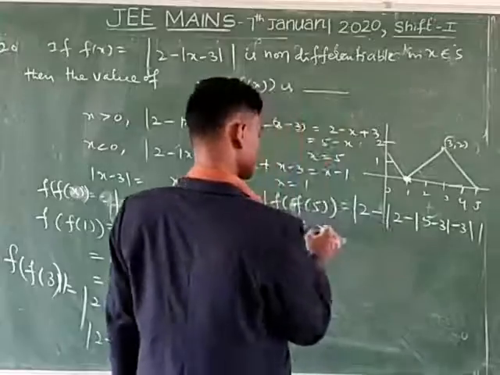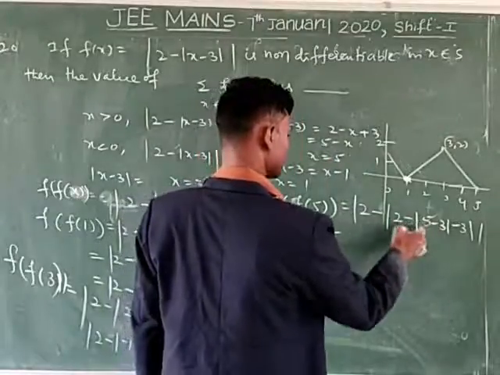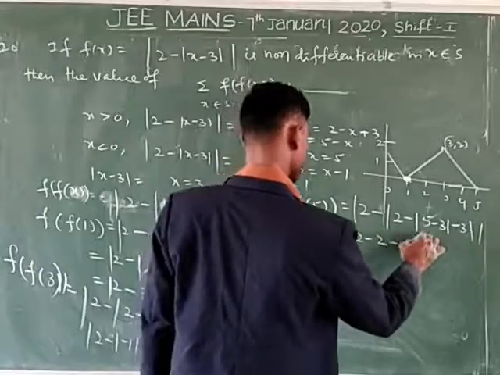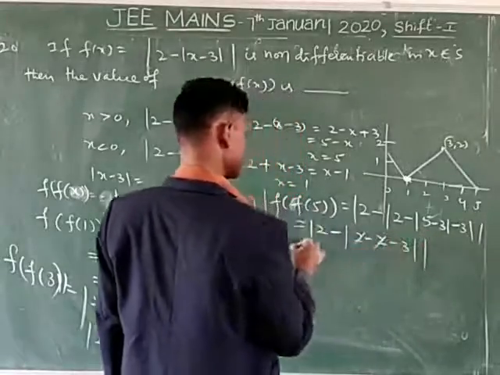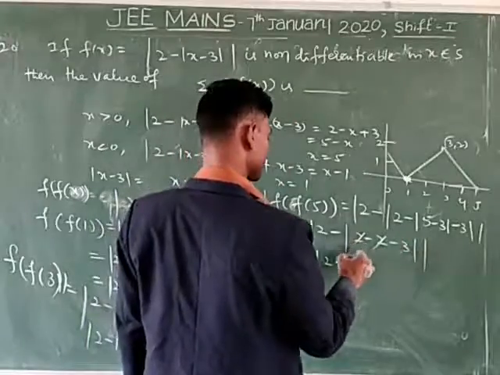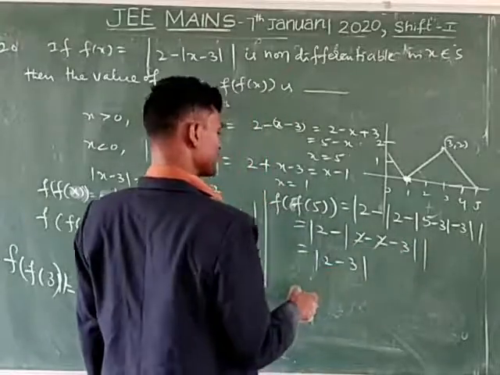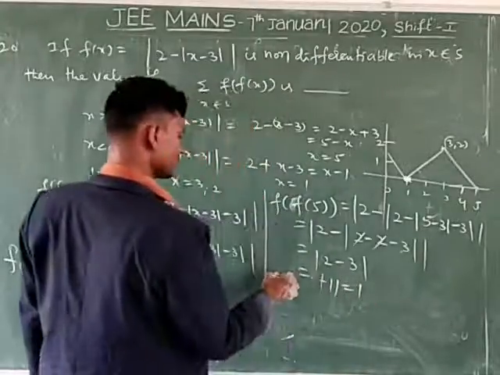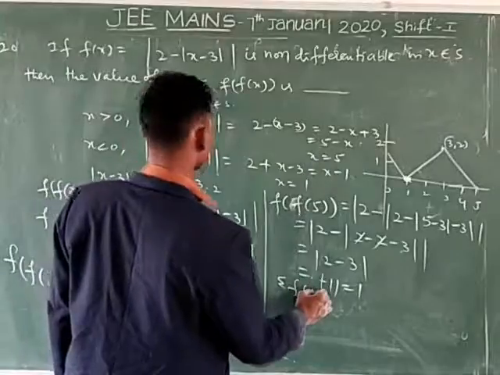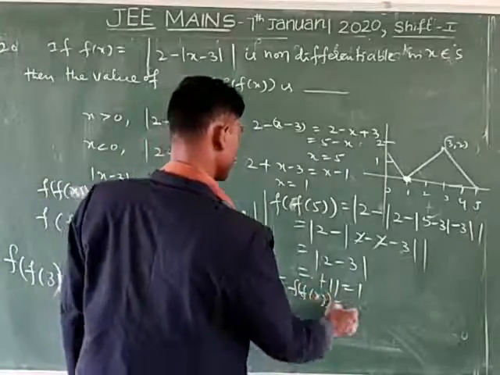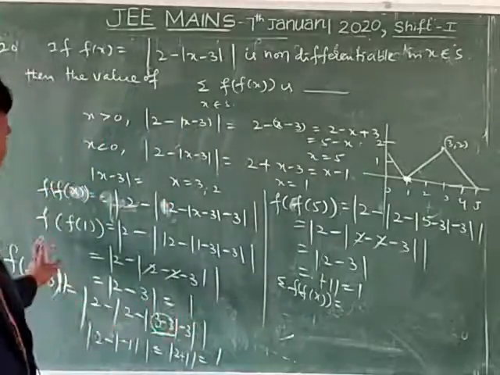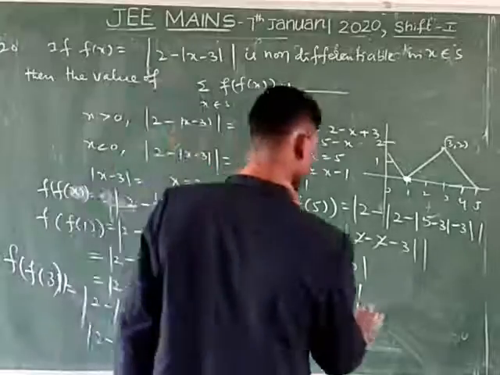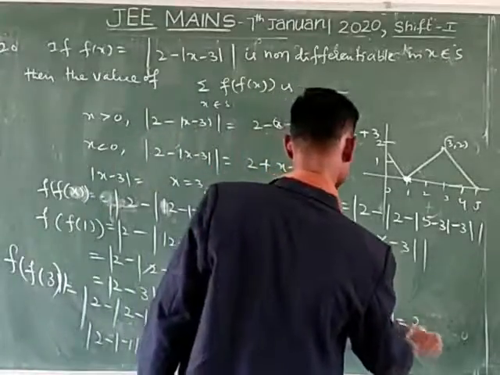Here modulus of 2 minus 2, modulus of 2 minus 2 minus 3, this cancels. Now this is 3, modulus of minus 3 also plus 3, then modulus of minus 1 is equal to 1. Now sigma f of x means f of 1 plus f of 3 plus f of 5, which is equal to 1 plus 1 plus 1 is equal to 3. Answer is 3.